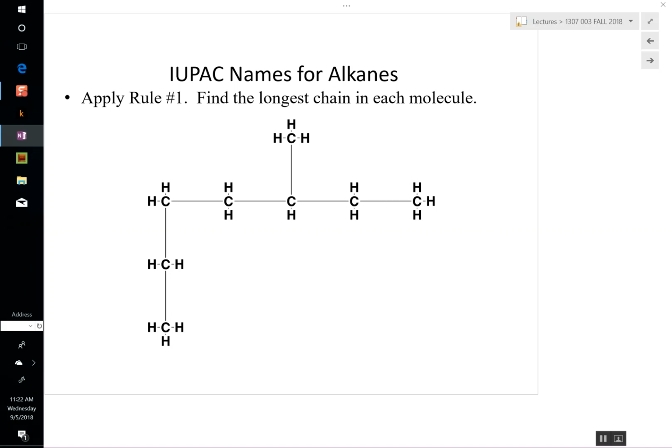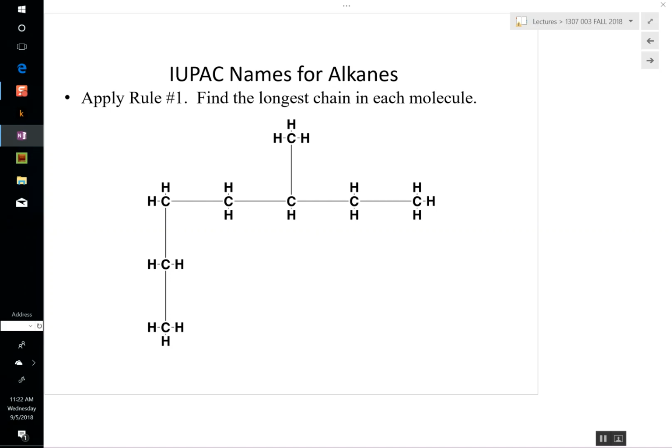I could be talking about butane. I probably need a little longer molecule. There's butane. That's still butane. There's 1, 2, 3, 4, kind of in a line.